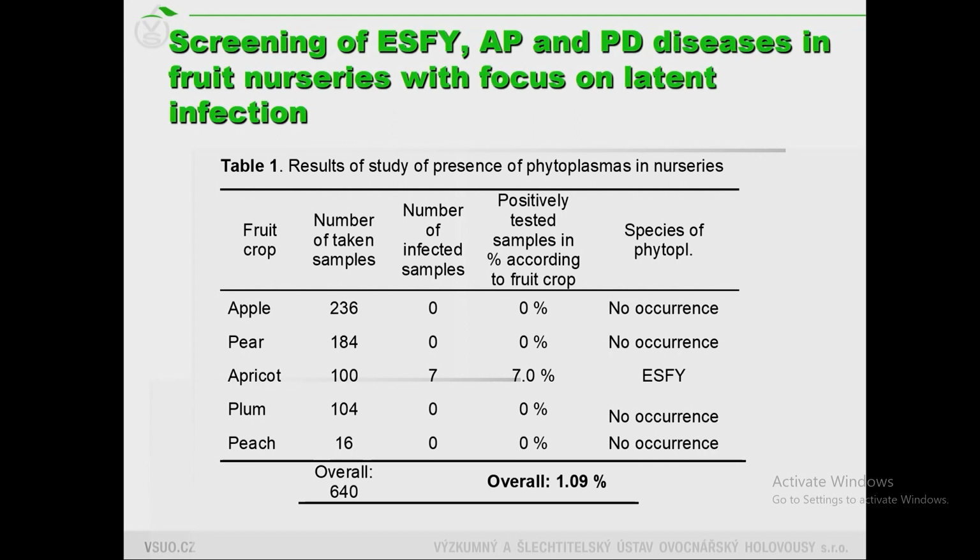So we got very good results, well below this threshold, and I consider this result as a very good picture of the Czech nursery production of fruit trees of pome and stone fruit species.